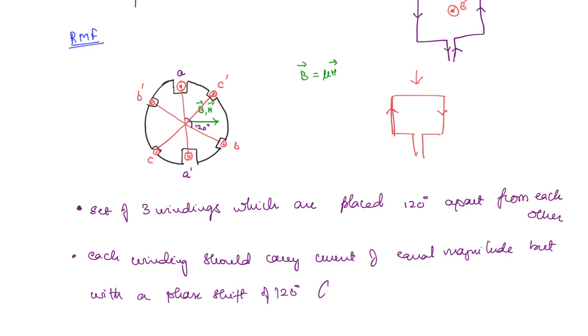So that means 3 phase balanced currents should flow in the windings, one current for one phase for each winding. So in the first point we are talking about this 120 degrees apart with respect to spatial difference, and this is with respect to time. 120 degrees apart spatially, 120 degrees apart with respect to time.